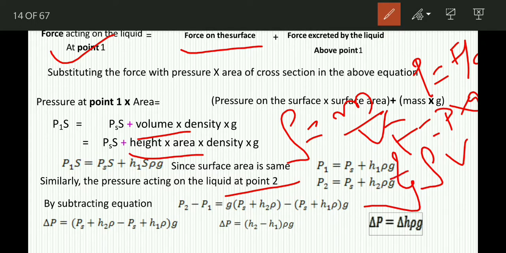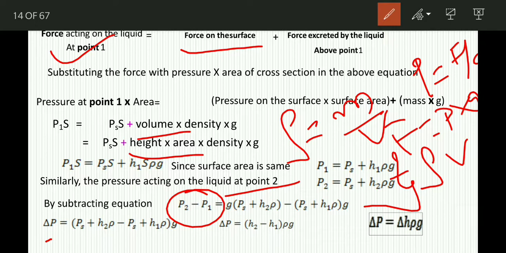g times (PS plus H2 rho) minus (PS plus H1 rho) g. So here P2 minus P1 we can write as del P equals PS plus H2 rho minus PS plus H1 rho, and we take g as common.